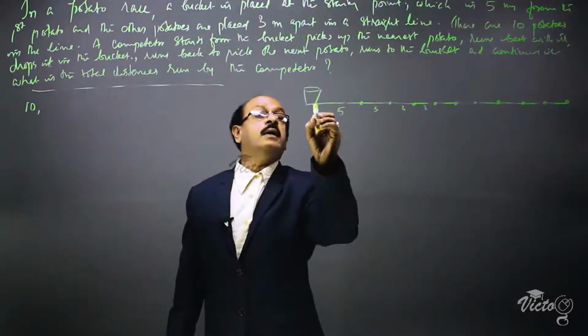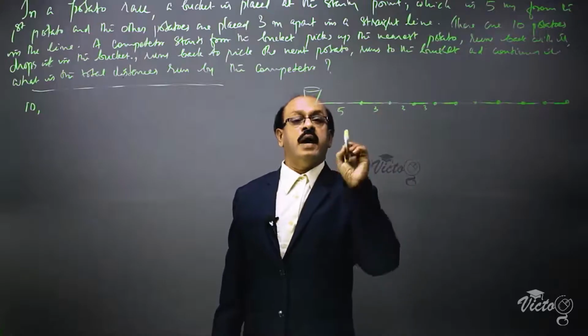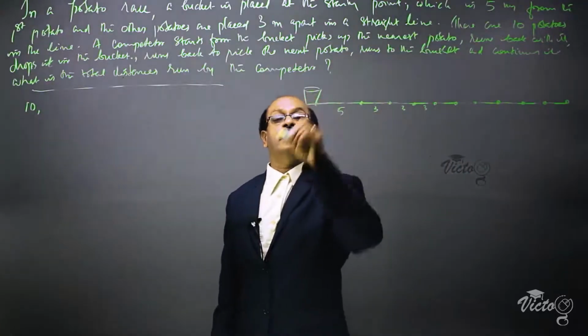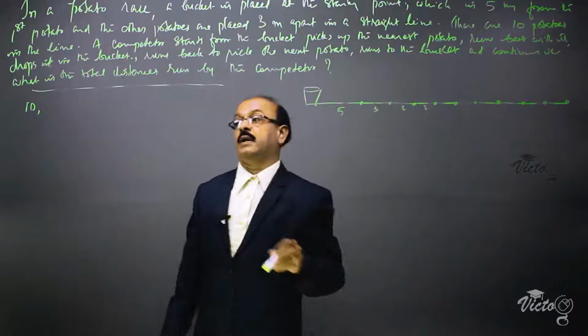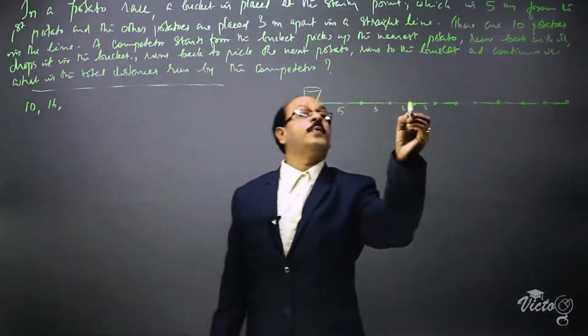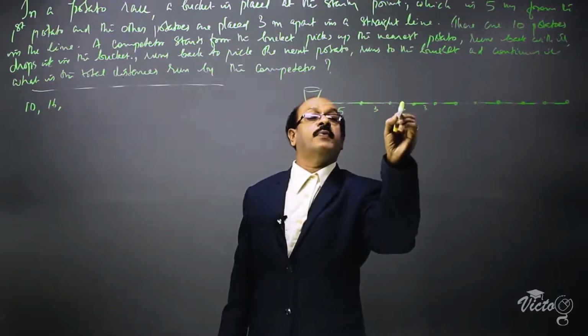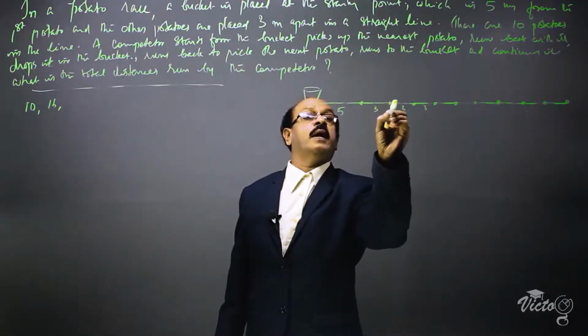Running 10 meters, 10 is the first term. Now, again coming to the next potato, the distance run is 8 meters. Then coming back to the bucket, it is 8 plus 8, 16 meters. Now, coming to the third potato, the distance run is 5 plus 3 plus 3, that means 5 plus 3, 8, 8 plus 3, 11.